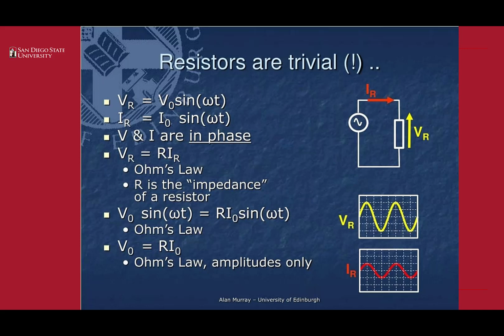VR, of course, equals R times i, the resistance value of the resistor times the current value, per Ohm's law. It's the famous simple law of electronic circuits. Here R is the resistance value of the resistor, but in some sense it's the impedance of a resistor.